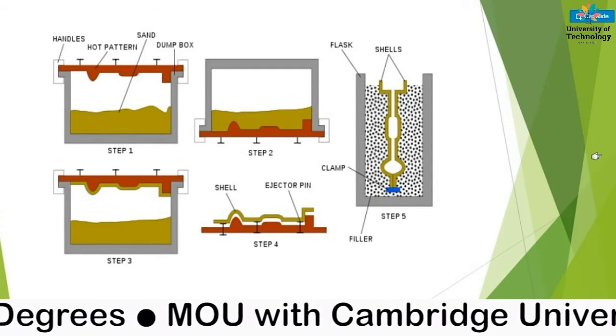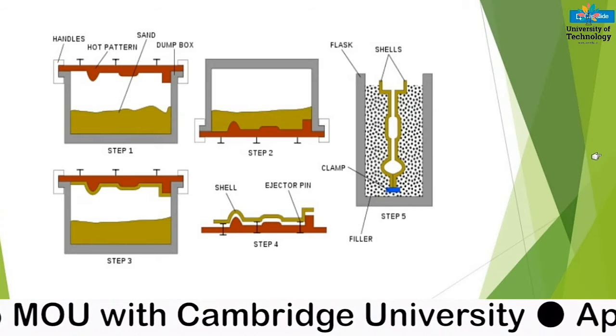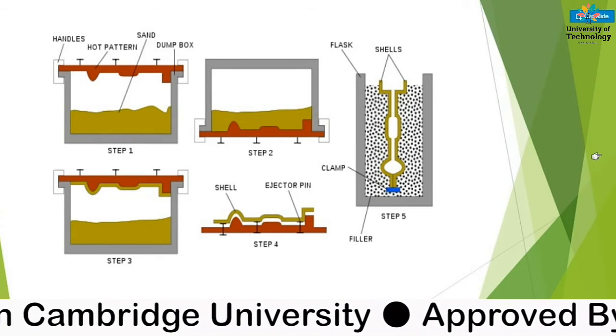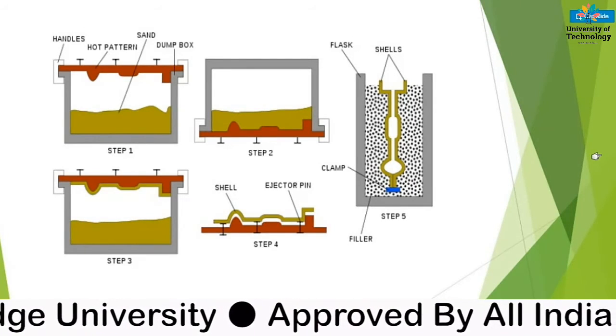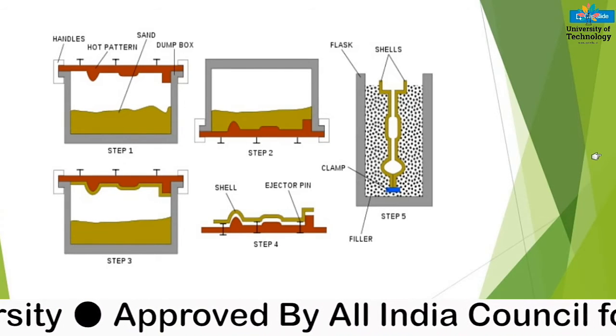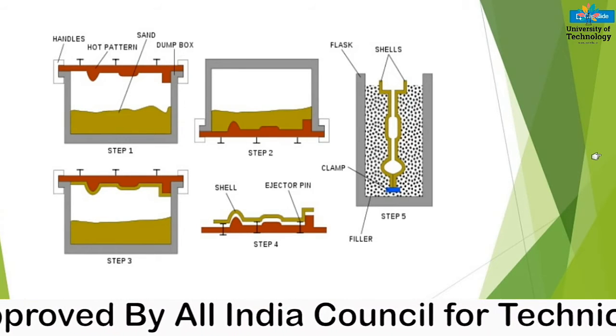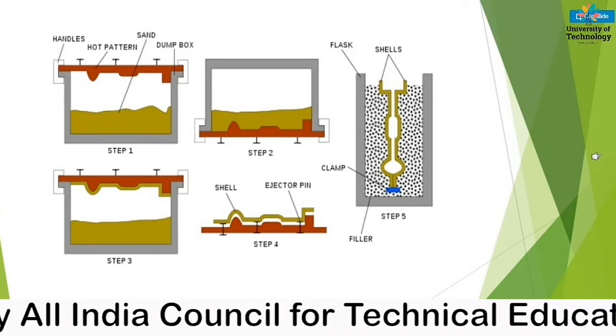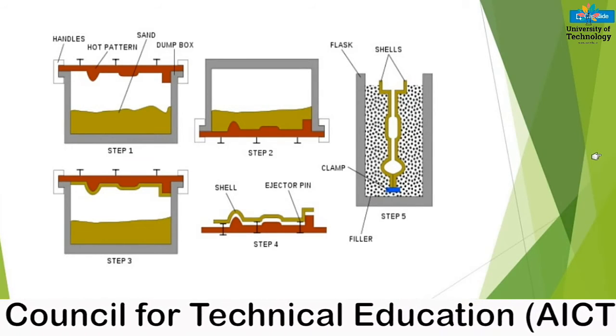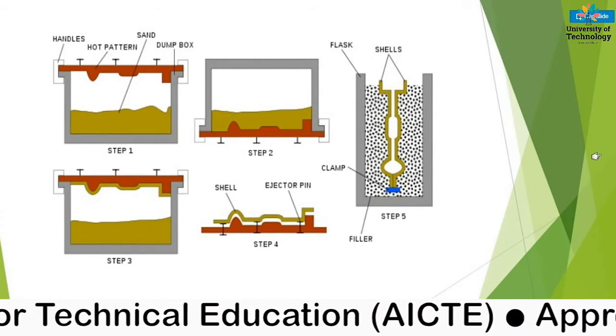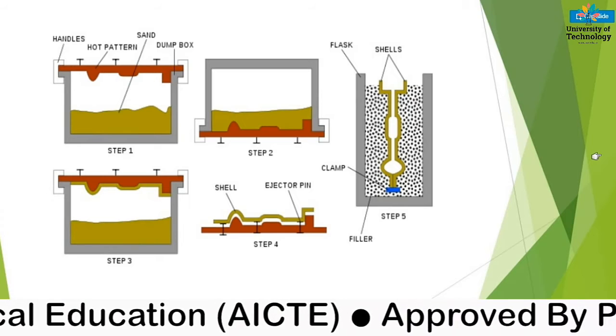You can see here a drawing in the slide for shell mold casting. We can see in step first, sand in a dump box with a hot pattern and handles.